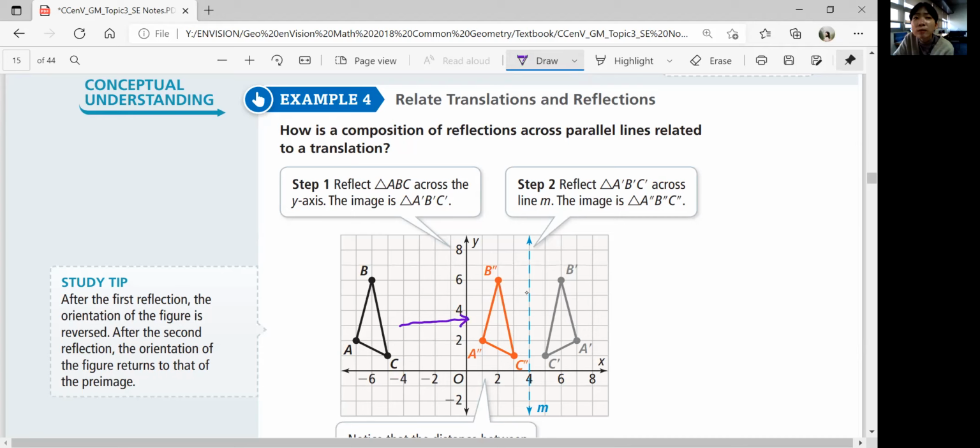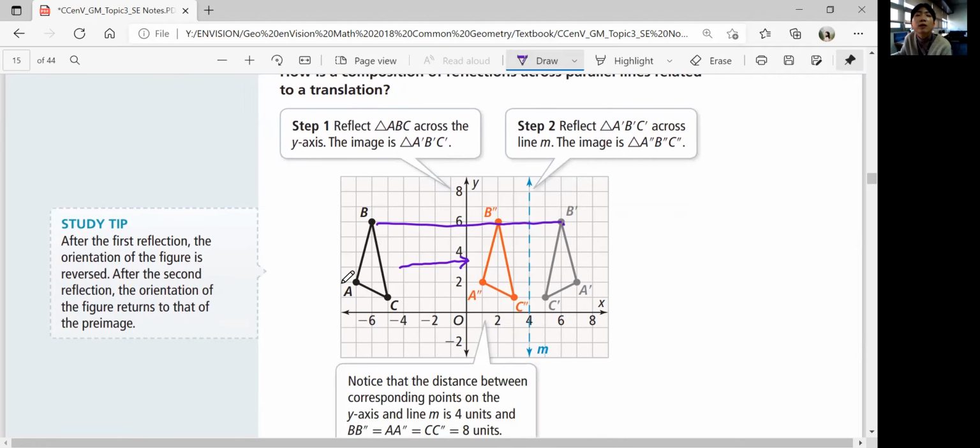Do you see your pre-image and your final image? Yes, so that's what's happening really. Look at your step one. You reflect this triangle across the y-axis, and then you have A prime, B prime, C prime. Okay, and then you reflect again across line M over here. Now you have A prime prime, B prime prime, C prime prime.